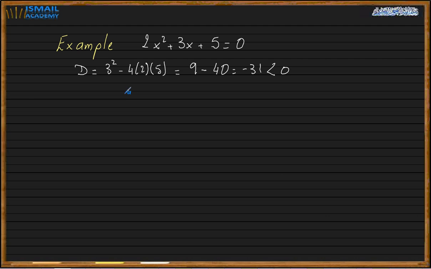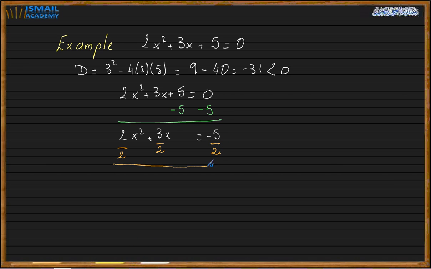So here I start with 2x squared plus 3x plus 5 equals 0. I follow the same steps we did earlier. First thing we do, we subtract 5. So I got 2x squared plus 3x equal minus 5. Now we divide the whole thing by 2.